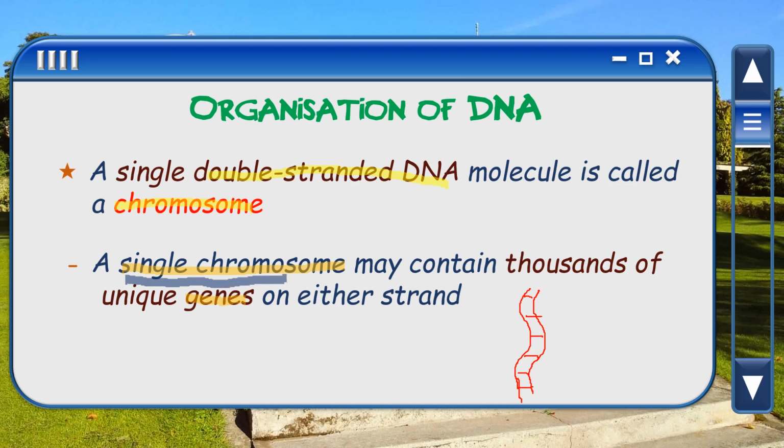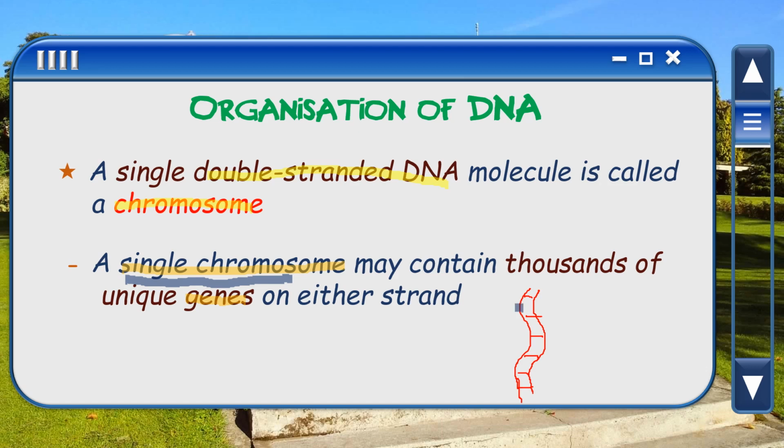And this single chromosome contains thousands of unique genes on either strand. So at every point of this chromosome, we find what we refer to as genes.